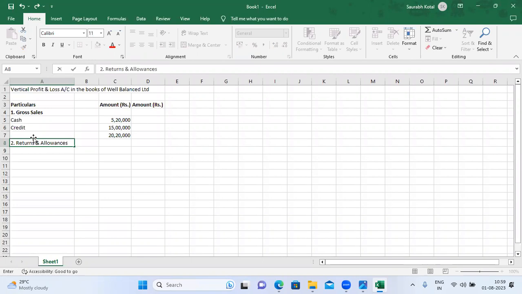What is the amount that they have given for returns and allowances? 20,000. Am I correct? They have given 20,000 as the amount. We have to reduce this returns and allowances, which means we have to do less.